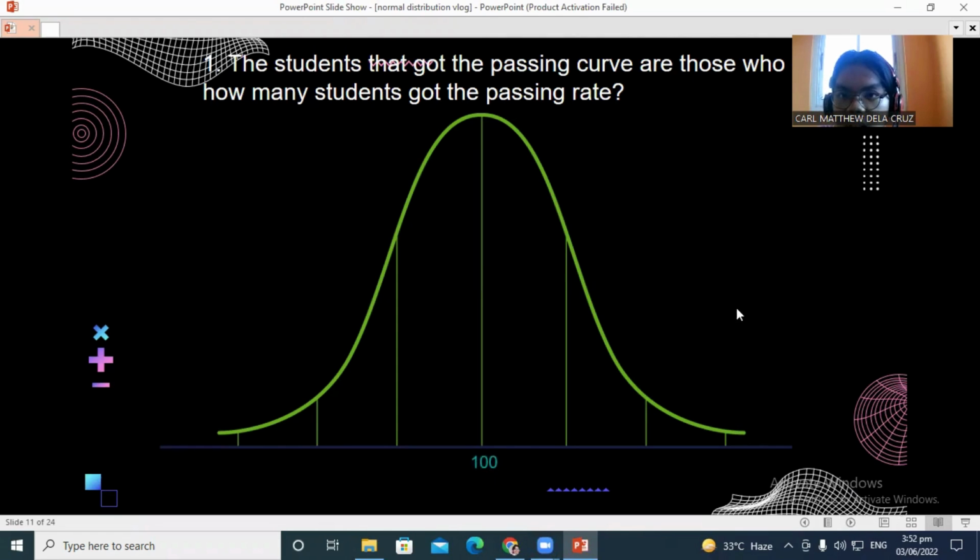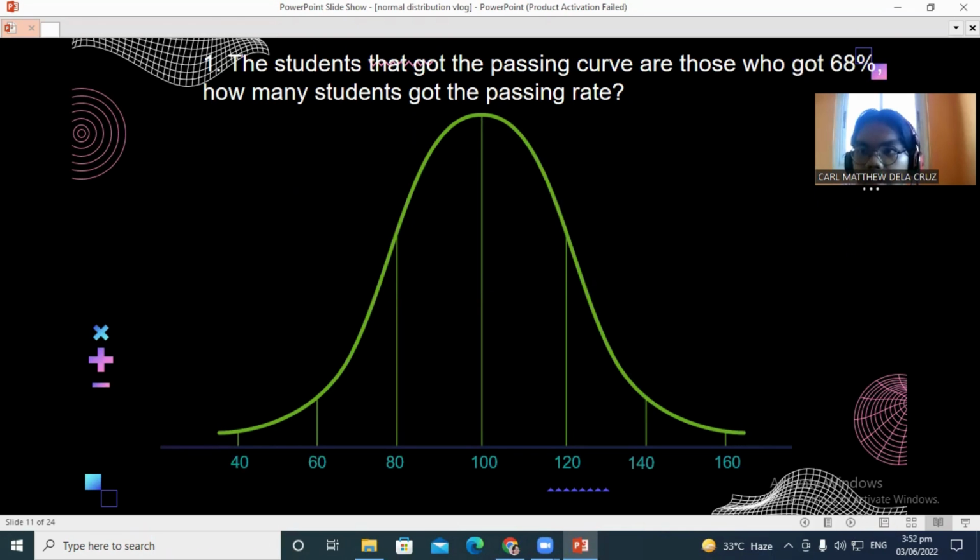The right side means positive, so add 20, add 20, add 20. The left side means negative, so minus, minus, and minus.